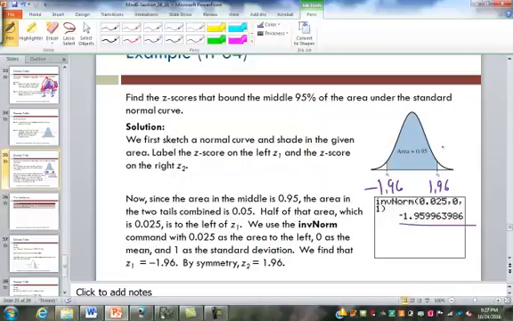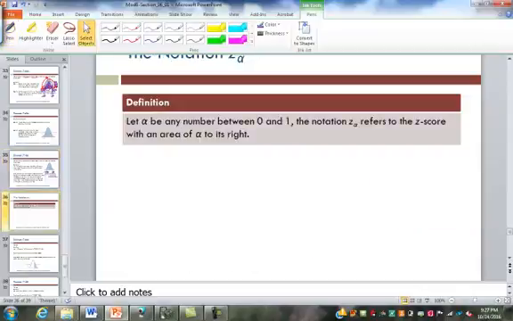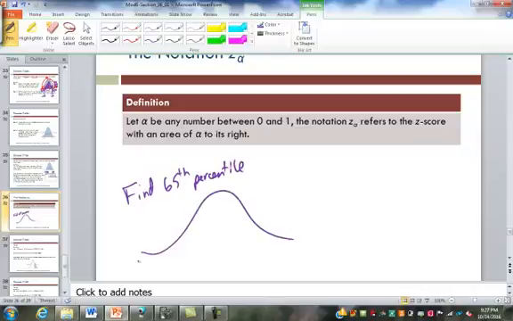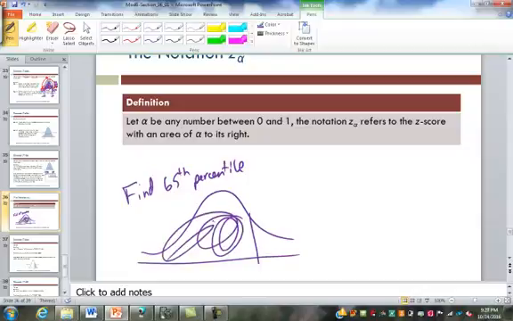Now the one thing I want to find, I'm going to do on this next page because there's a little bit of room here. Let's say I want to find the 65th percentile. What that is saying is, under my bell curve, what value here has 65% of the data less than it?